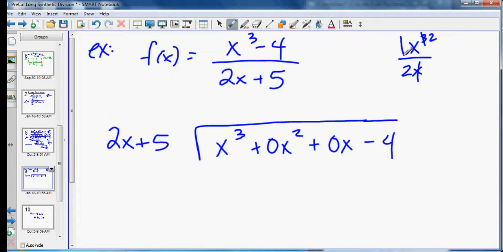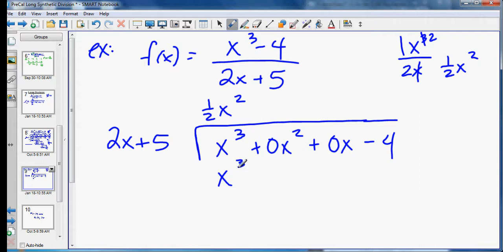I do 1/2 x squared times 2x, that gives me 1x cubed, because the 1/2 and the 2 cancel out. x squared times x is x cubed. And then 1/2 x squared times 5 will give me 5/2 x squared.